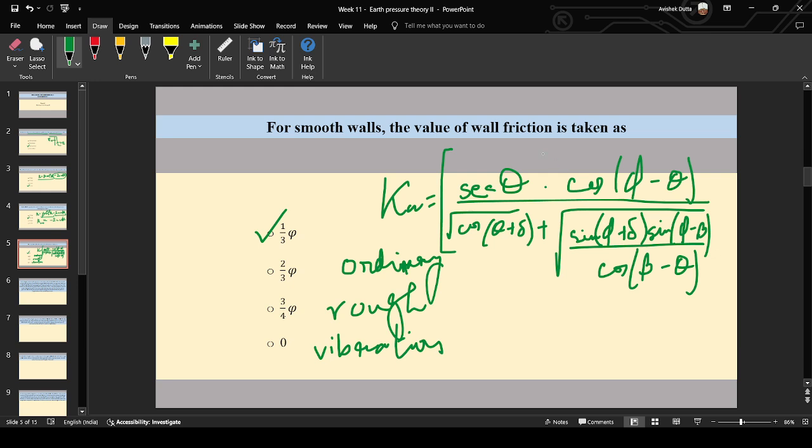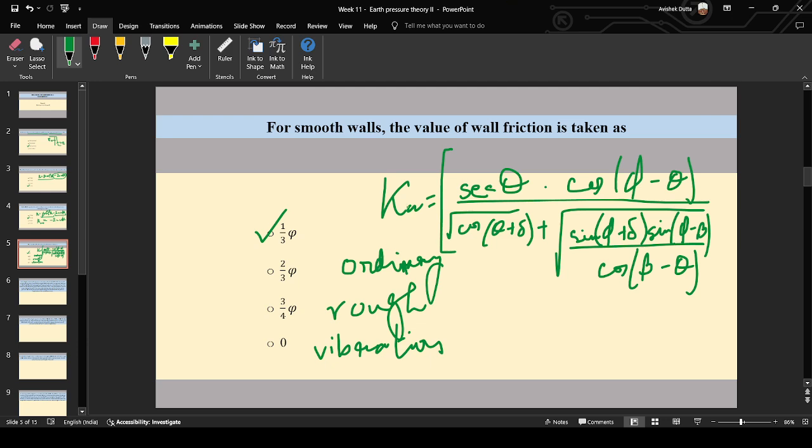Since the value of wall friction is in terms of phi, it generally does not exceed 15 degrees. In the last class I told you what wall friction does: it reduces the value of active pressure and increases the value of passive pressure.